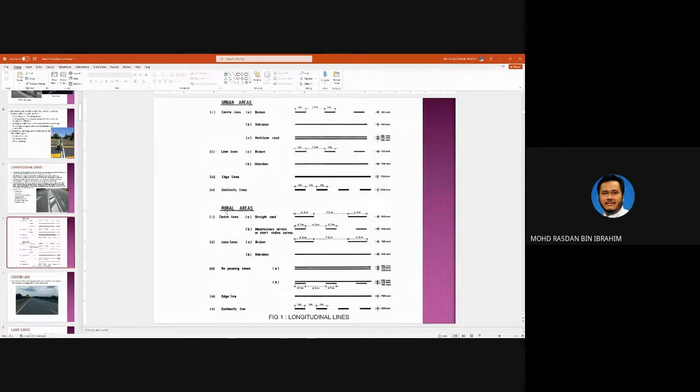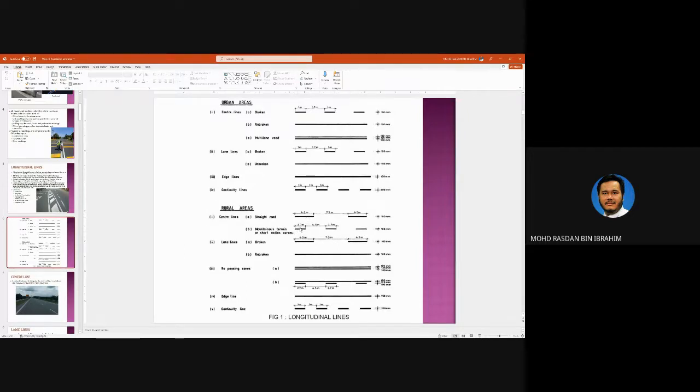For rural areas, it is more or less the same, but for center lines, you can see the stroke is longer, 4.5 meters, and the gap is 7.5 meters. When the center line is used at mountainous terrain or a short radius curve, when your curve is very small, the stroke becomes shorter than on the straight line segment.